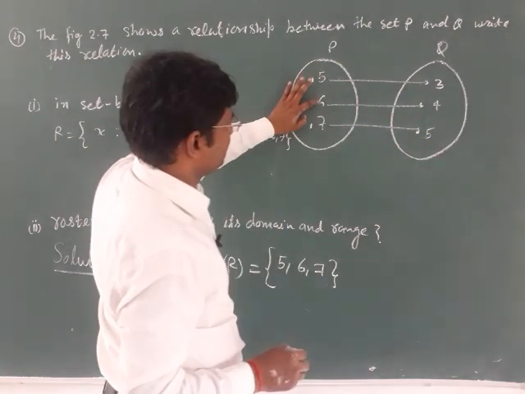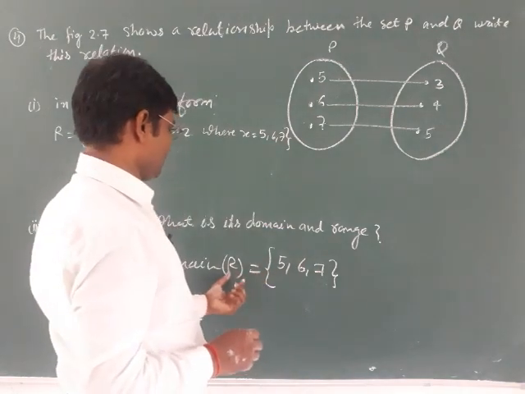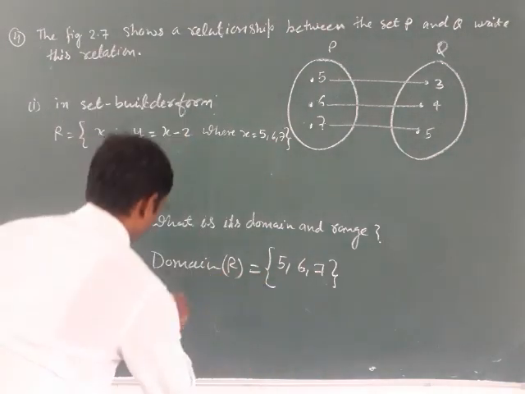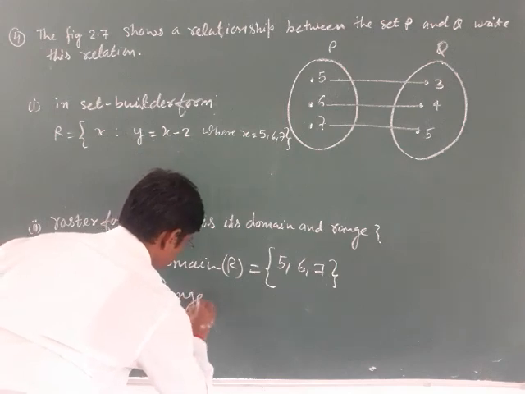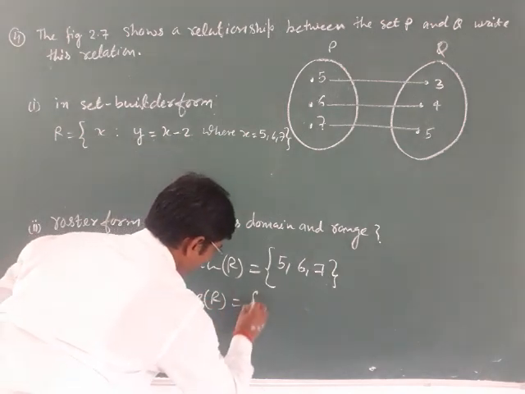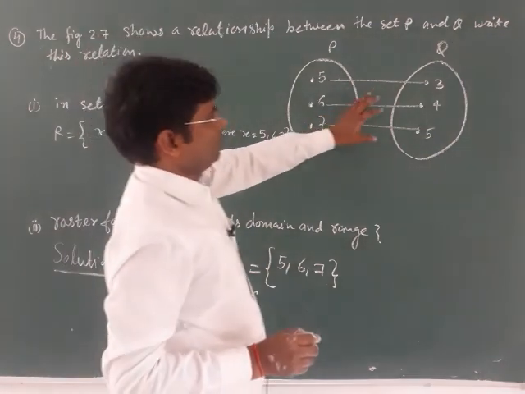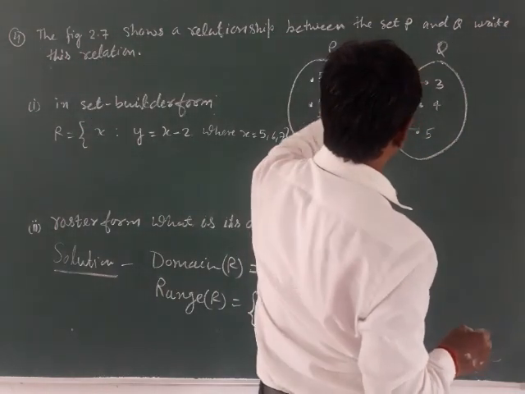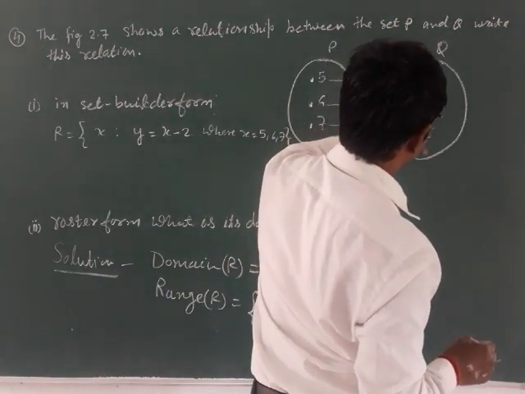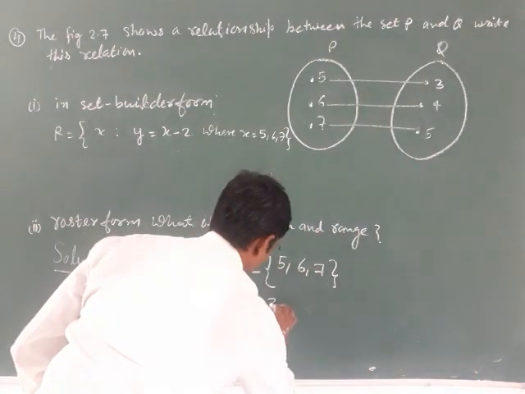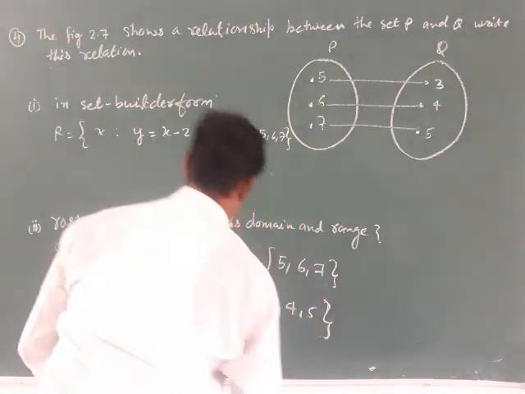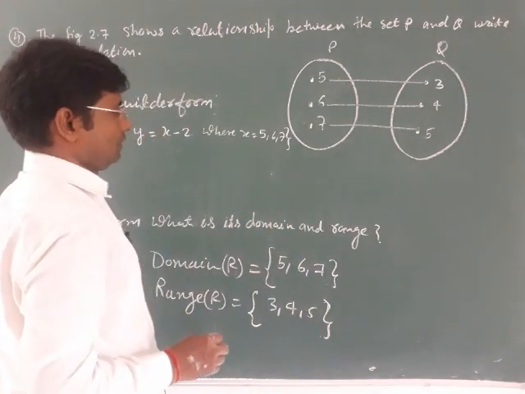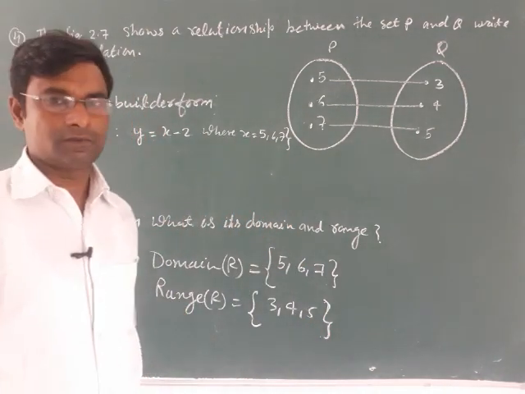So 5, 6, 7 is the domain. Range of R is the image of P, so 3, 4, 5 is the range. That's all. Thank you.